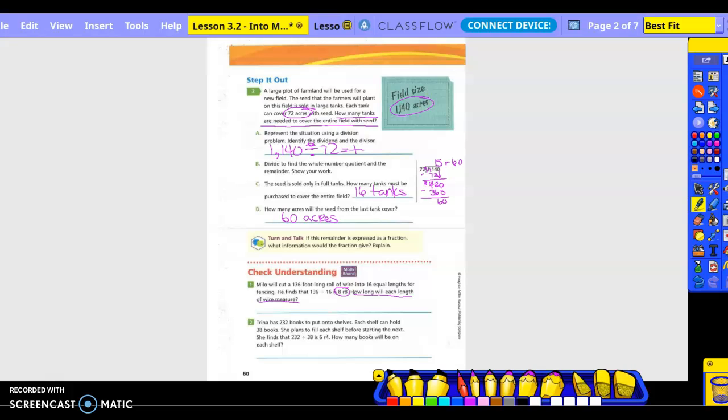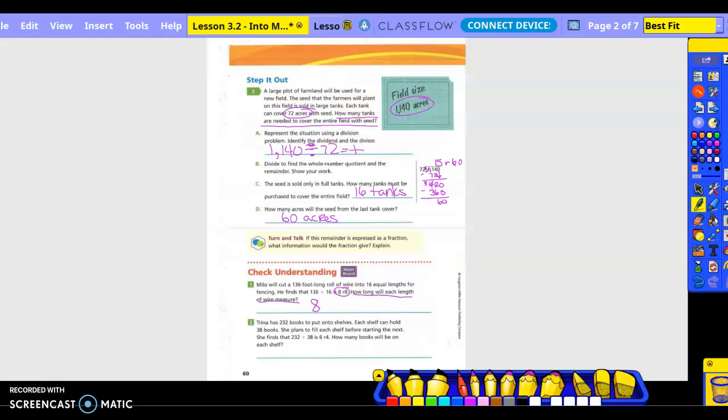So do you need to use the quotient? Do you need to use the remainder? Do you need to go up 1 or make a fraction? You need to make a fraction, right? Okay, so what's our whole number? No, they already worked it for us. We don't even have to show work.